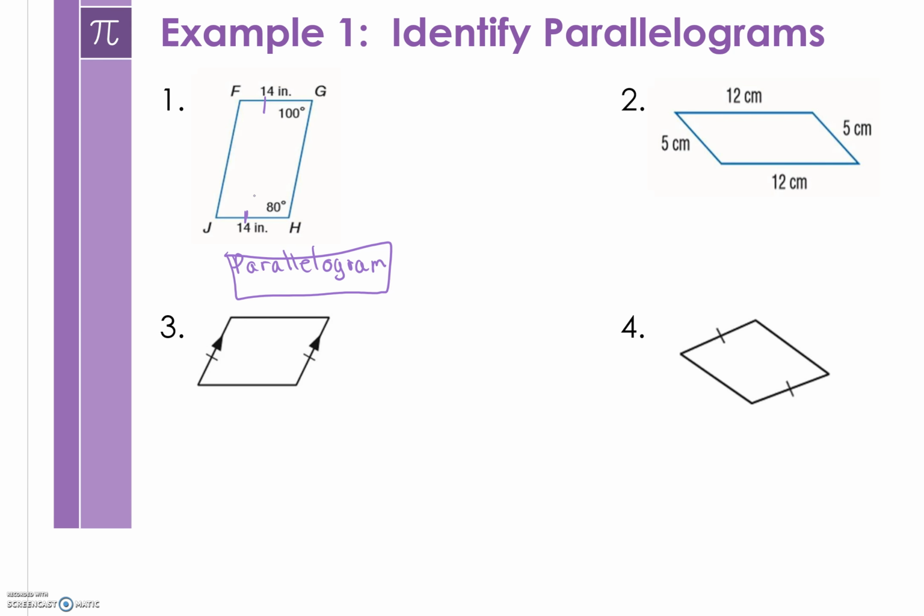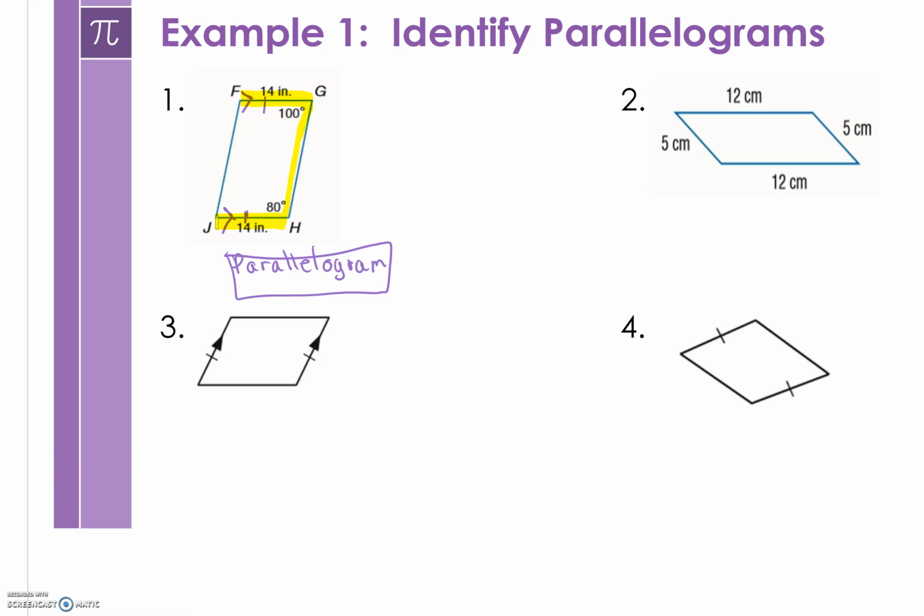I don't have anything about the lengths of the other sides. So if I have one pair of sides is congruent, I'd also need to prove that that pair of sides are parallel to each other. And I actually can. Do you see that C shape there? Those are consecutive interior angles.